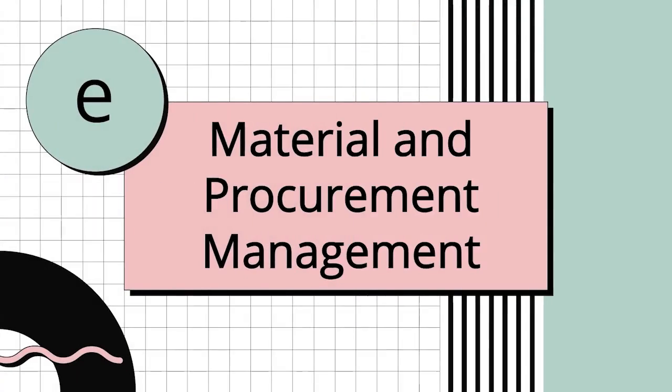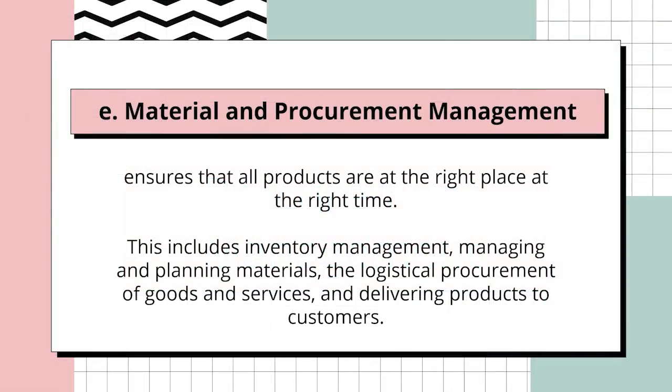Next one is material and procurement management. Material and procurement management ensures that all products are at the right place at the right time. So this includes inventory management, managing and planning materials, the logistical procurement of goods and services, and delivering products to customers.